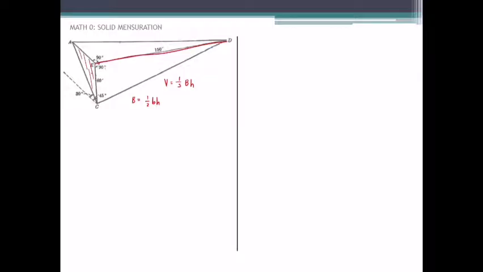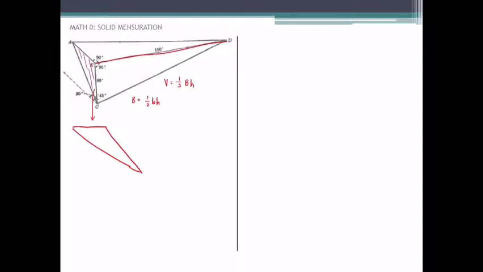If we redraw it, class, this base, if we try to redraw our base, so this is our base now. As I've said, again, it is triangular, no?